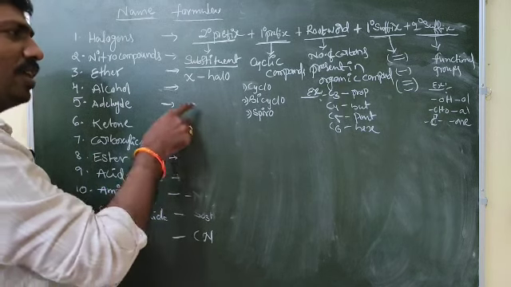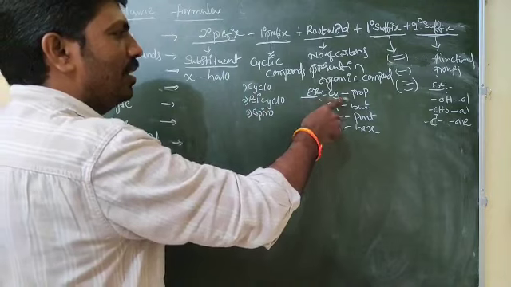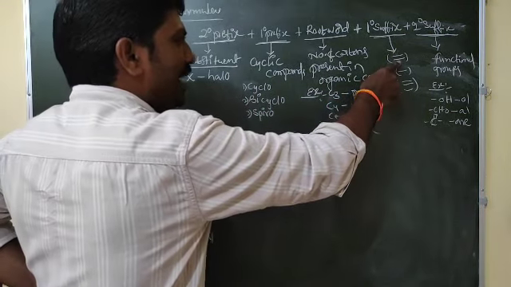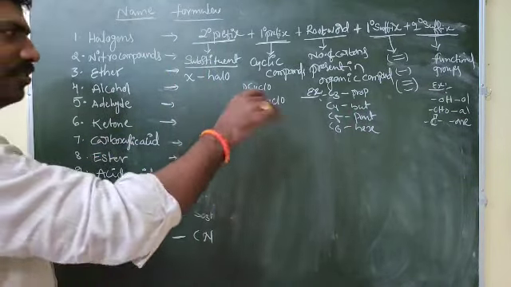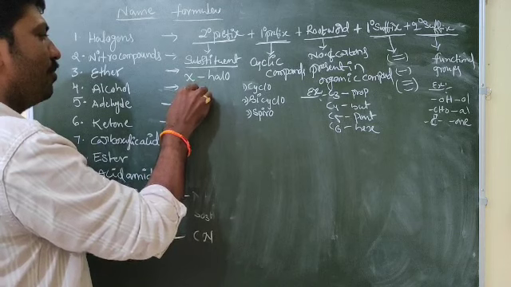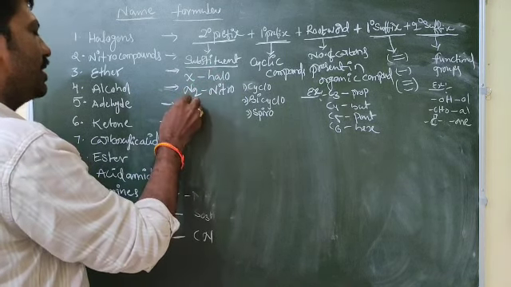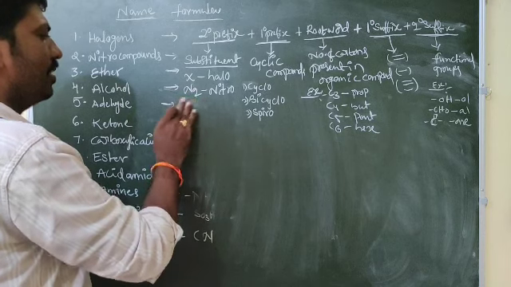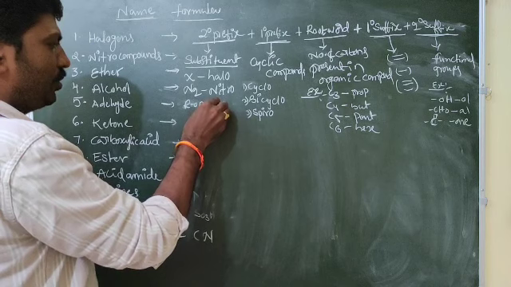We write, for example, 1-chloro, propyn, 1-yn-ol, 2-ol, like that. I will give an example so you can understand. A nitro compound, NO2, is nitro. If it is an ether, ROR, that is methoxy.